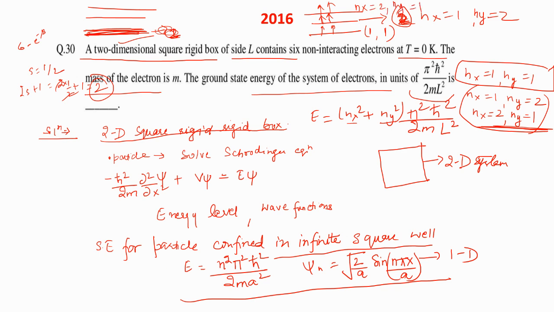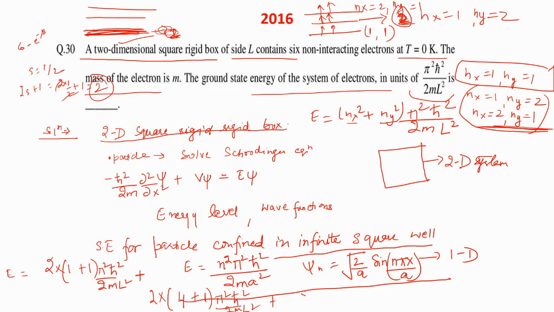Now find out E. First is 1 1. When nx is 1 and ny is 1, how many electrons are there? There are 2 electrons, right? 1 plus 1, pi square h cross square upon 2mL square. Now when nx is equal to 2 and ny is equal to 1, again there are 2 electrons.